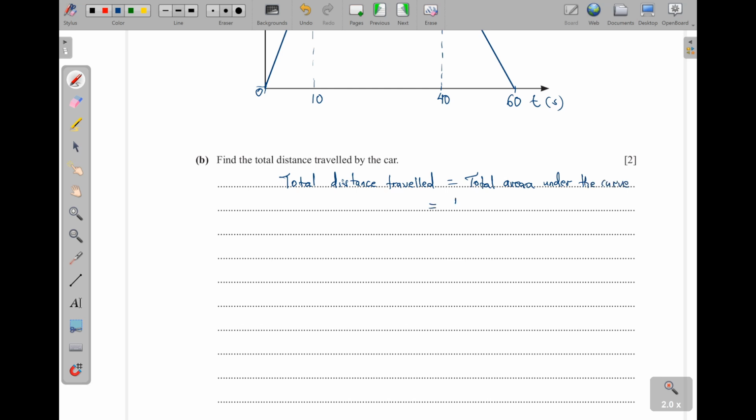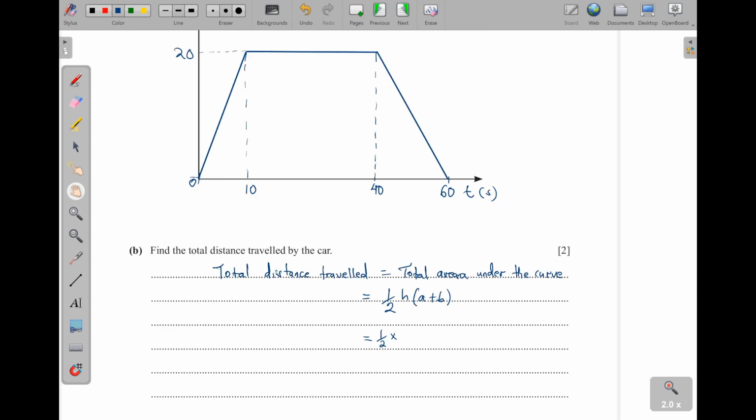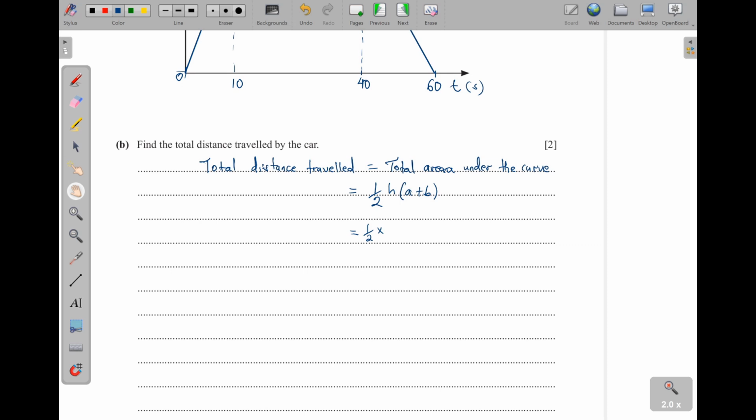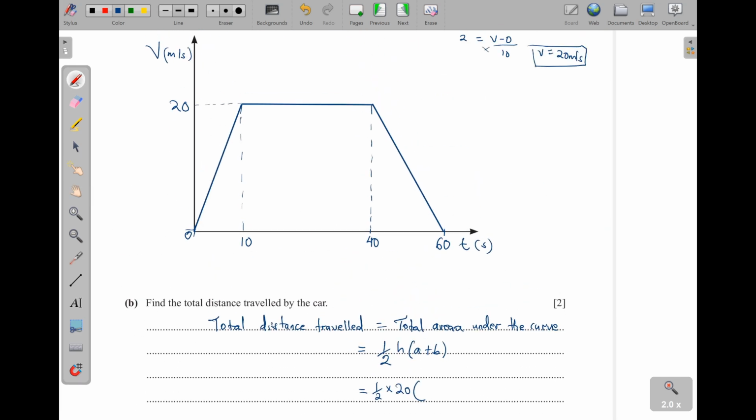Now this one is a half times h times (a plus b), because this is a trapezium. Then our height is going to be that 20, the velocity, and then a can be this one, and b this one, the parallel sides of the trapezium.